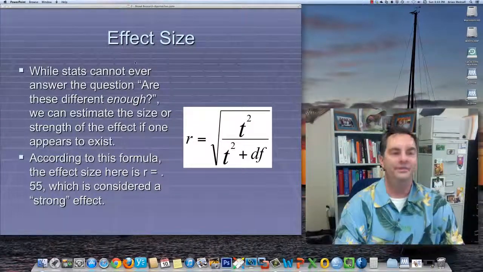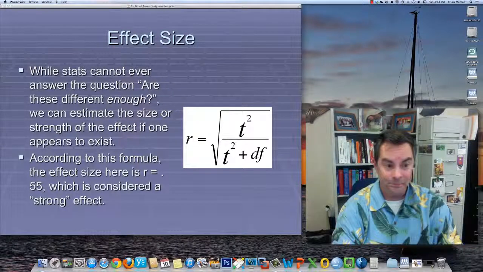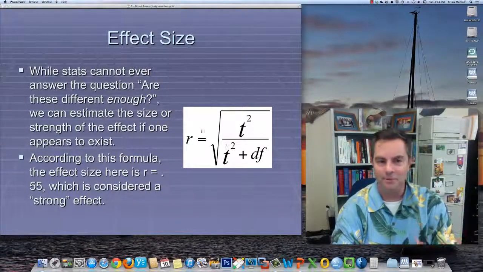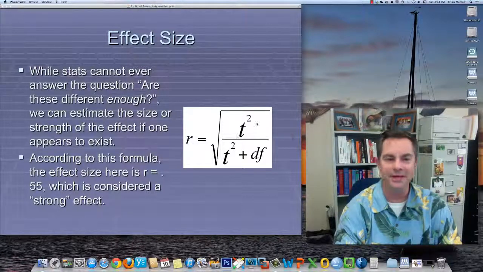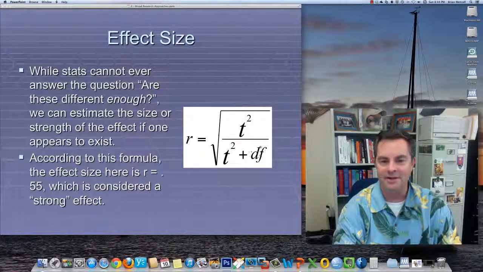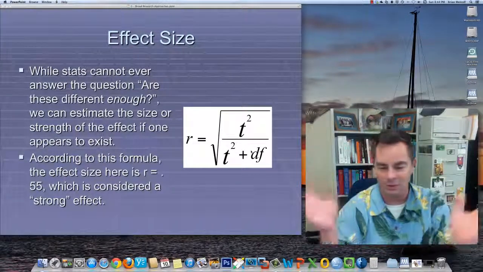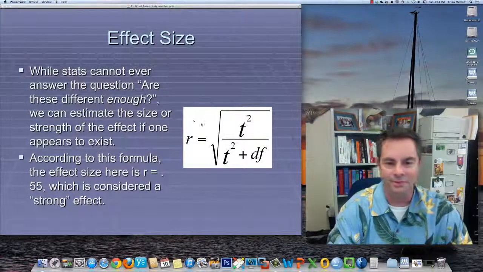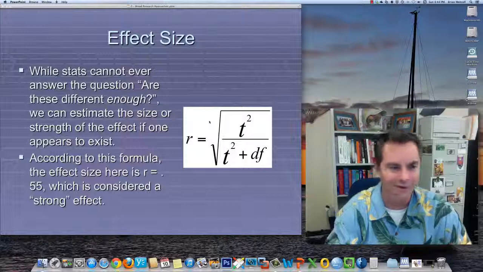Okay? So, we're going to do it for this example with this relatively simple formula here. So we take the t that was on that previous output and plug it in and square it, and we do it again on the denominator down here, and we add something called the degree of freedom, which we'll look at another day, and take the square root of this and compute something called r. All right.